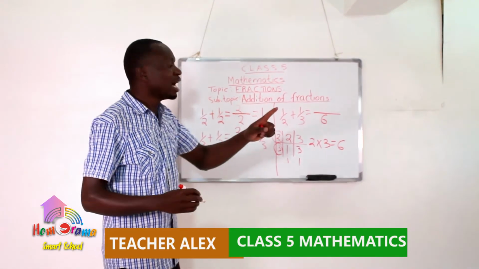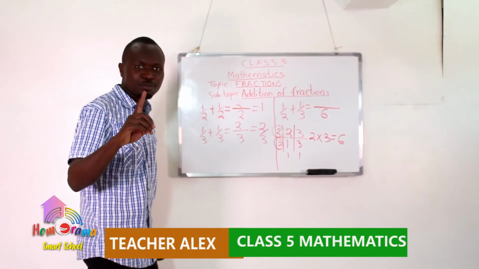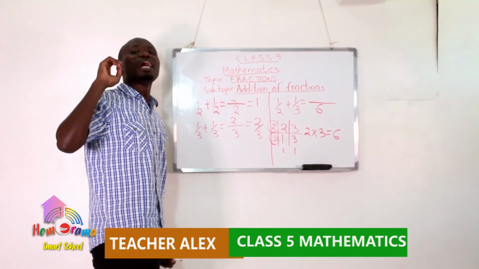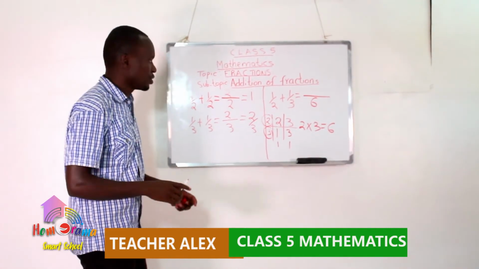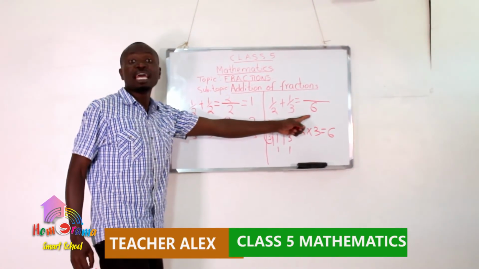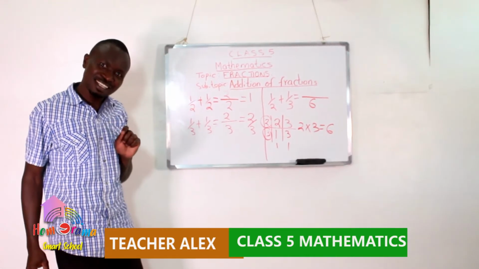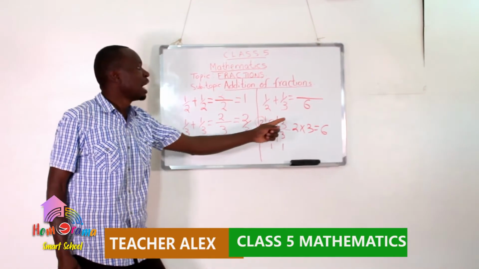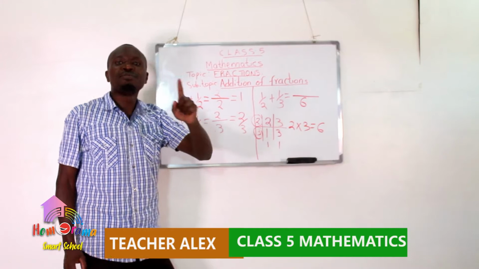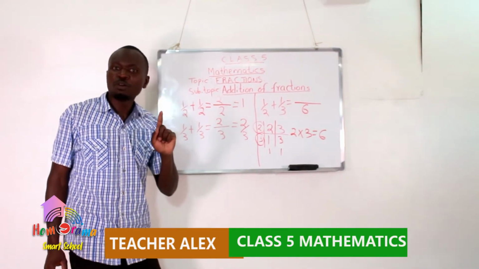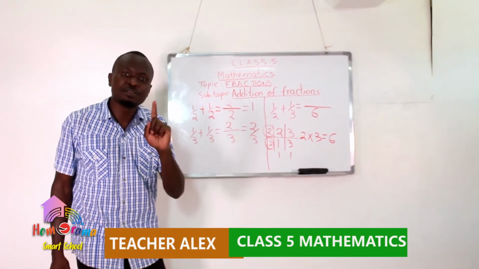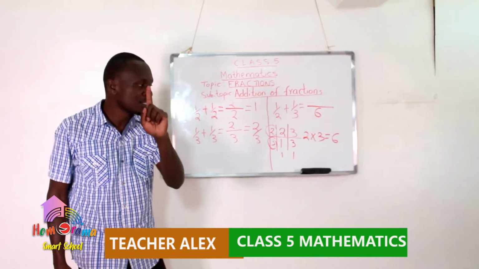Now, I want you to follow this keenly, because we will apply this in all our operations involving fractions. Since I've already found my LCM, which is 6, I divide it by the denominator of the first fraction.